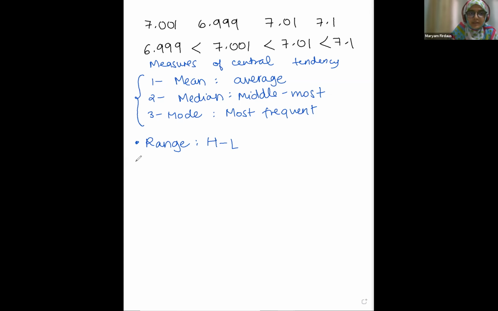The question says, tell whether the statement is true or false. The mode is always one of the numbers in a data. No. Can you give me an example? Because you are adding the observations and then dividing, it's not going to give you any number from the observation.